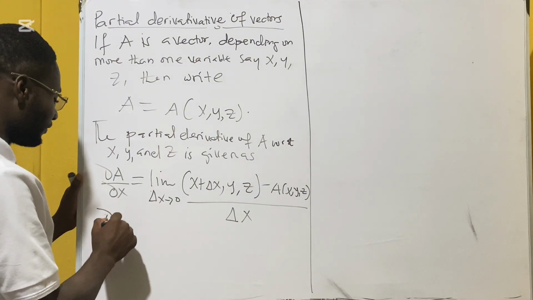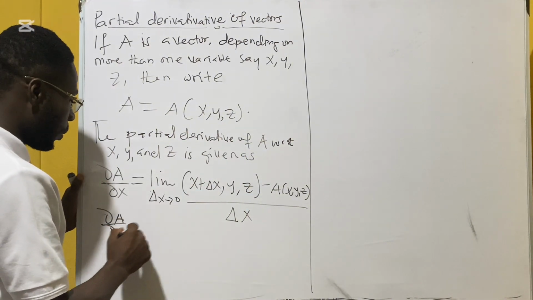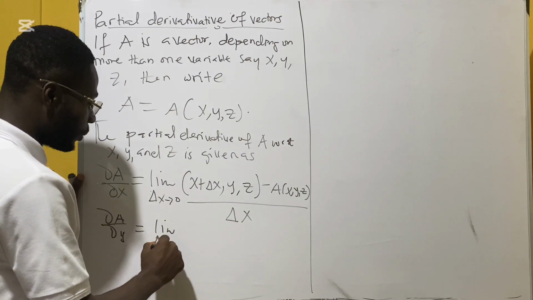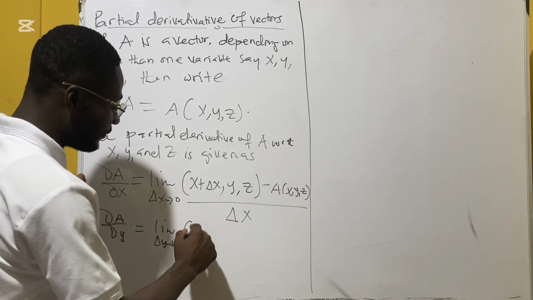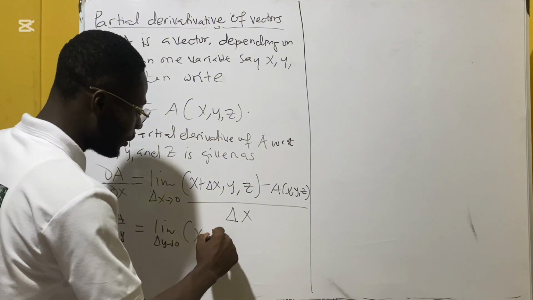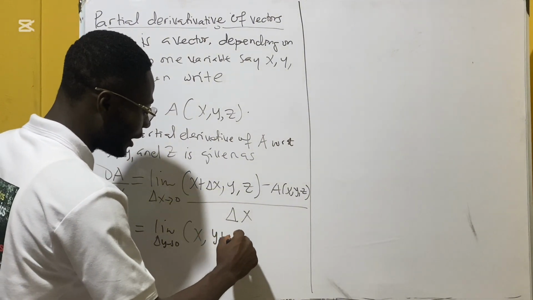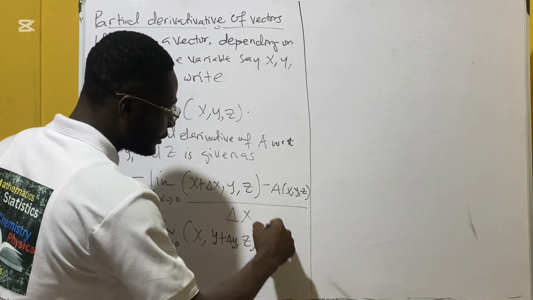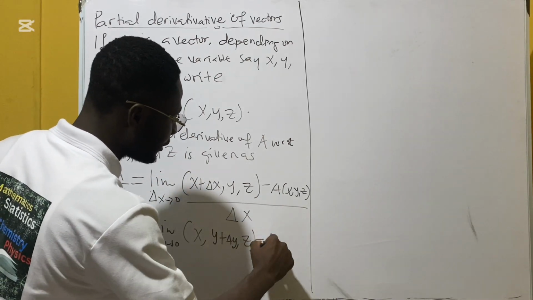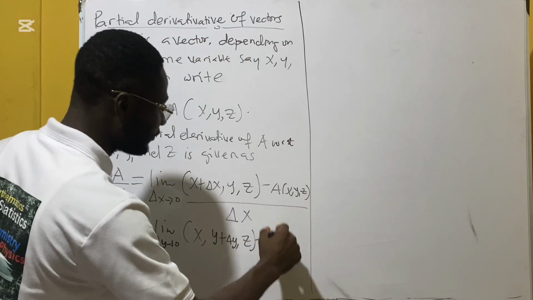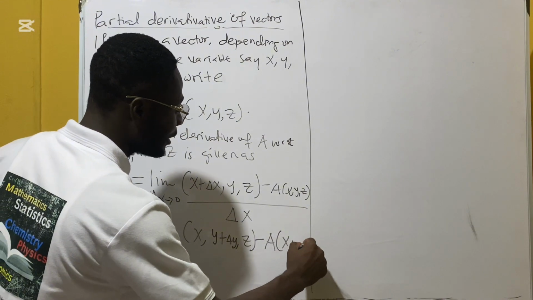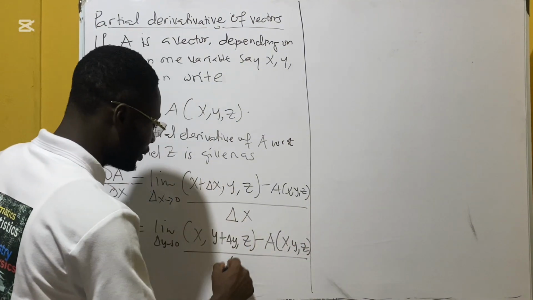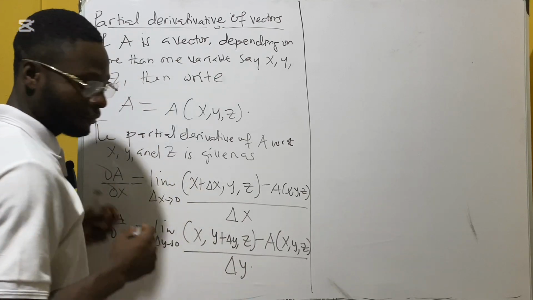So the differential of a with respect to y will be equal to the limit as change in y approaches 0 of a of x, y plus change in y, z, minus the function a, that is x, y, and z, all over change in y.